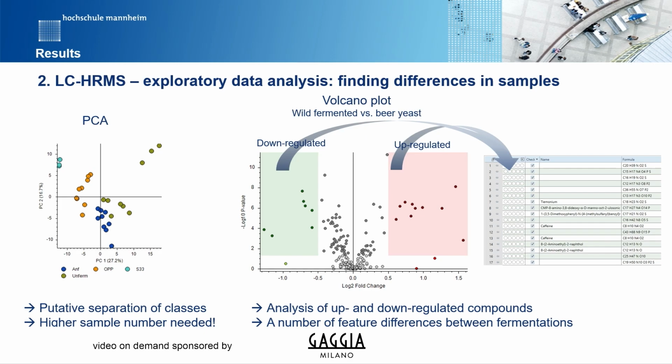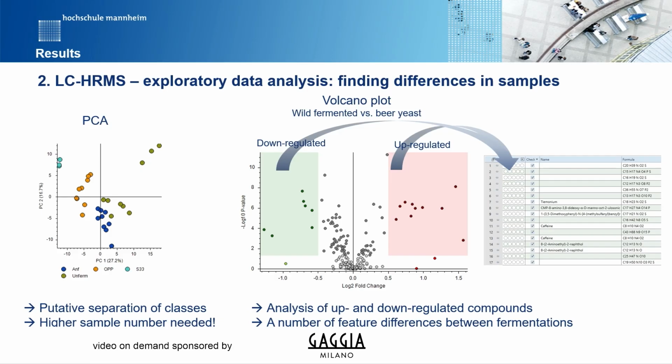And the down-regulated here would be the ones that are found mostly in the wild ferment, and the up-regulated that are found mostly in the yeast fermented samples. So we are trying to just analyze those compounds to then really see the difference between the fermentations.